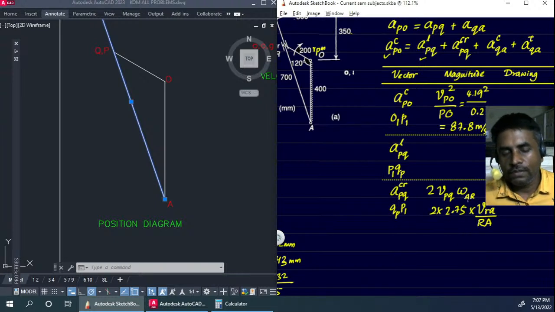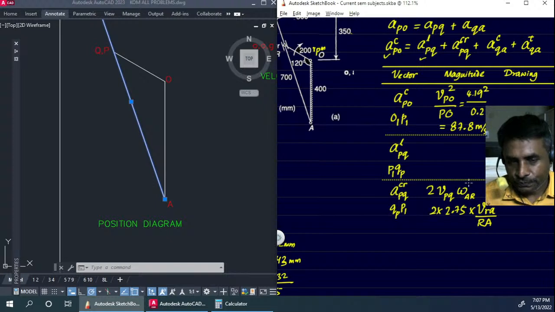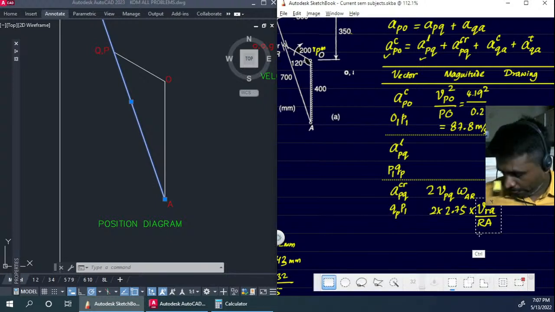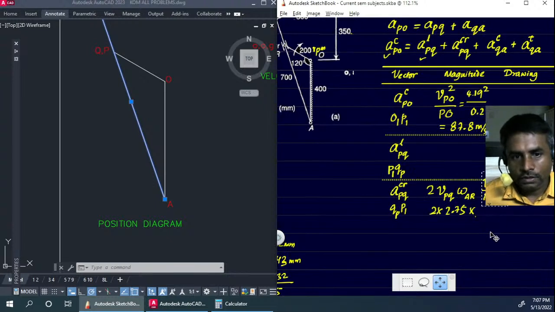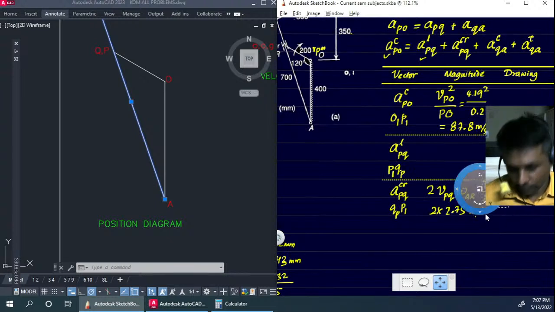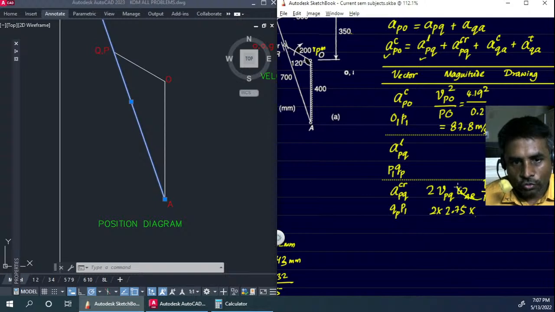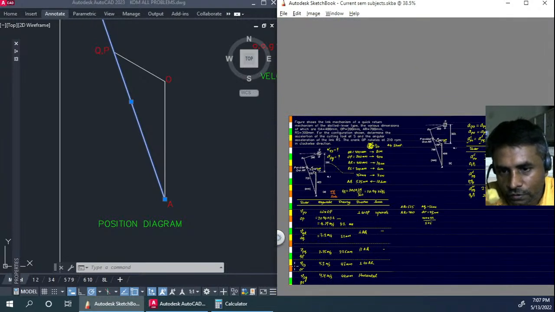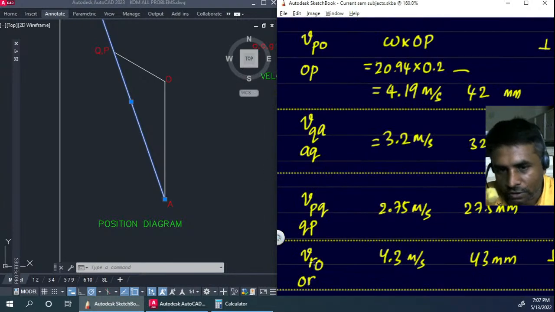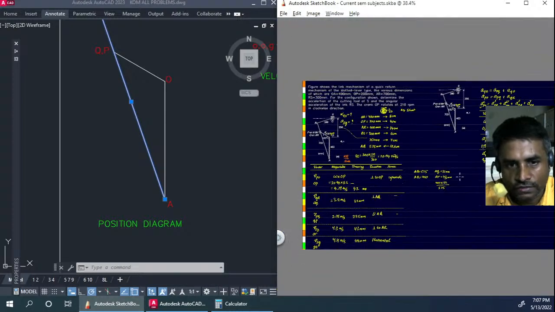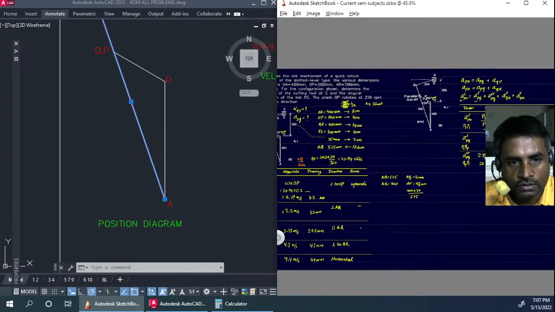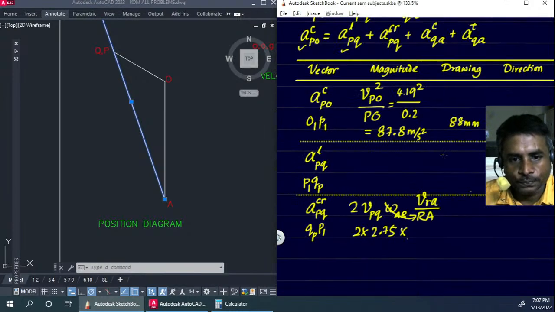Right. So this will give us that particular velocity. In fact, we could have done that over here itself. So we'll have to cancel this and put it in its place. So velocity of R with respect to A, or R with respect to O, it's going to be the same. So 4.3 we'll have to take. So let's go ahead and take 4.3 here.